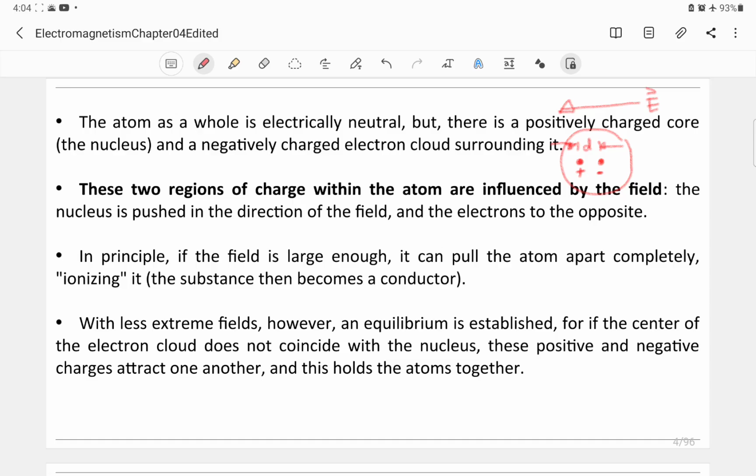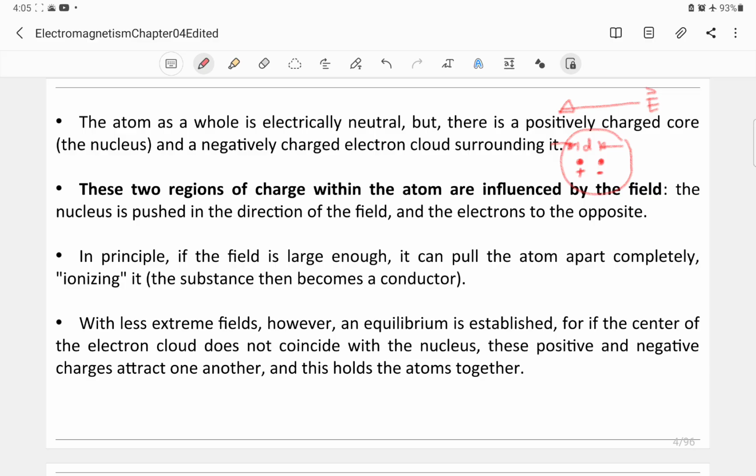When the field is large enough, it could ionize the atom. This means that you could really separate the nucleus and the electrons. Even if you just remove an electron from that atom by applying a large electric field, then you're able to ionize that atom.